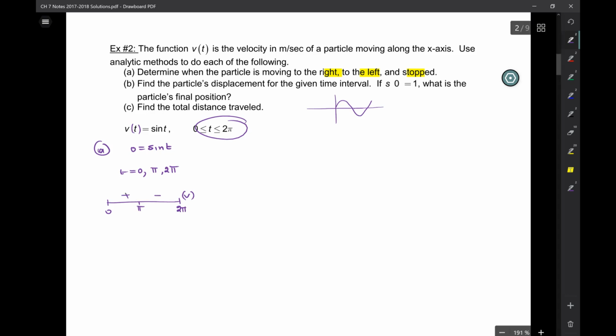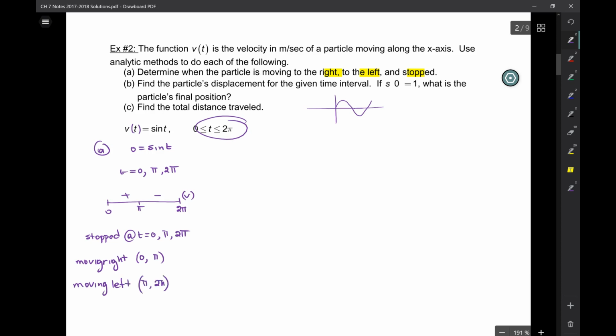So it stopped at t equals 0, pi, 2 pi. It's moving to the right from 0 to pi. Both open, right? Because at t equals 0, it stopped. It's moving left, pi to 2 pi.